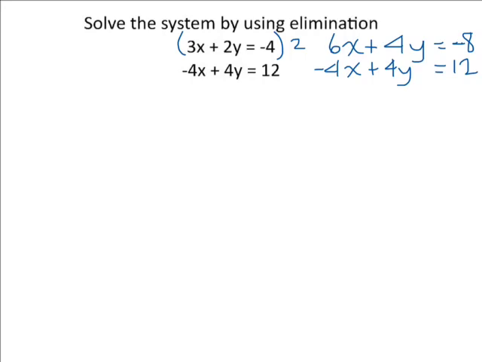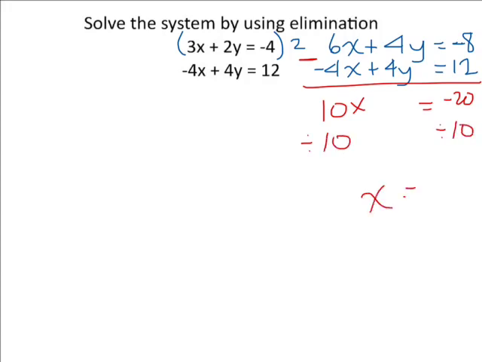Now I have to make a decision again. I'm going to subtract the bottom from the top. My y's cancel out. I'm left with negative 20. I divide by 10. X is negative 2.